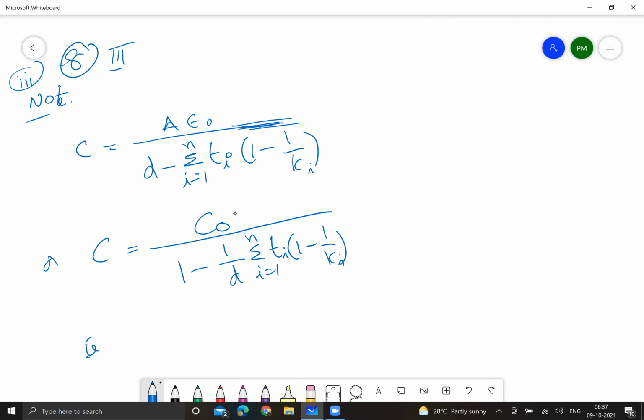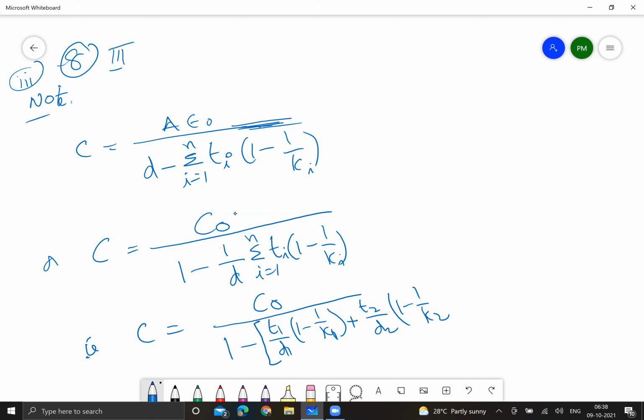That is, C becomes C naught by 1 minus of T1 by D into 1 minus 1 by K1 plus T2 by D into 1 minus 1 by K2 and so on.